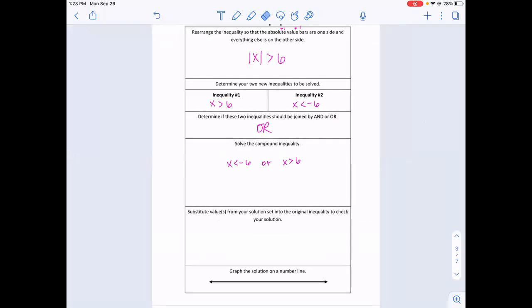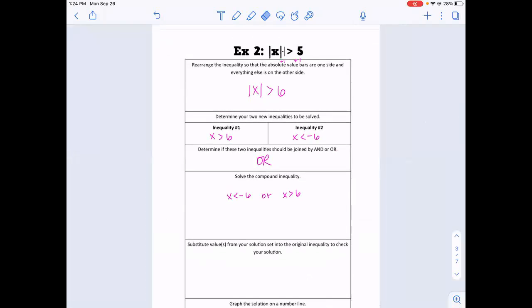So Anna, pick a number that is less than -6. -7. Is the absolute value of -7 minus 1 greater than 5? Well, what's the absolute value of -7?